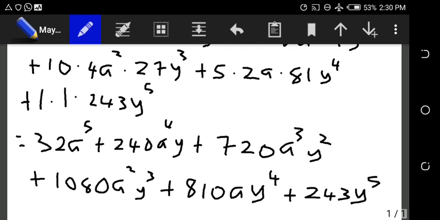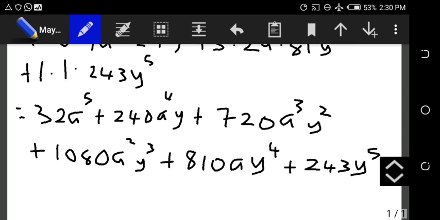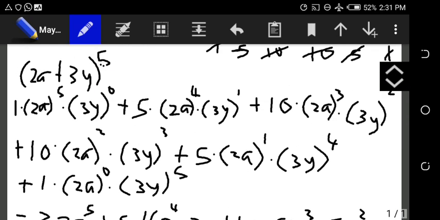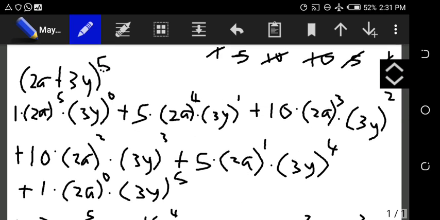And this that we have here, 32a raised to power 5 plus 240a raised to power 4y plus 720a raised to power 3y squared plus 1080a squared y cubed plus 810ay raised to power 4 plus 243y raised to power 5. That is the expansion of what we have here in the bracket.